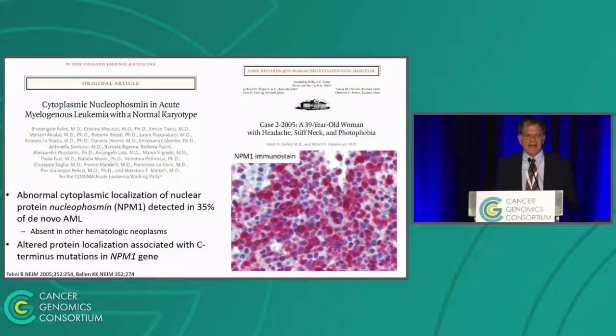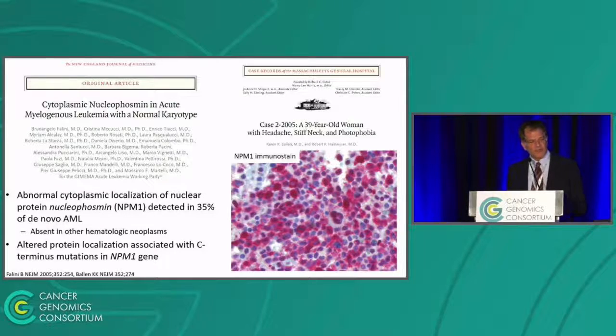So let's start with NPM1, and let's go back in time to 2005, when a paper was published in the New England Journal by Brunangelo Falini and colleagues that reported an unusual feature in a substantial subset, about 1/3 of AML. Dr. Falini's group had an antibody to nucleophosmin, a nuclear cytoplasmic shuttling protein, and they noticed that it was abnormally dislocated to the cytoplasm, when normally present in the nucleus, in about 1/3 of de novo AML cases.